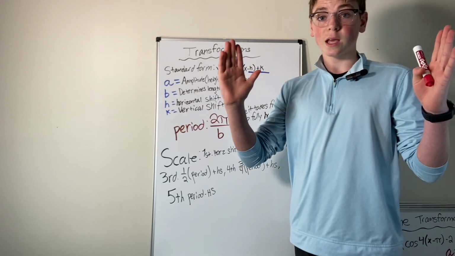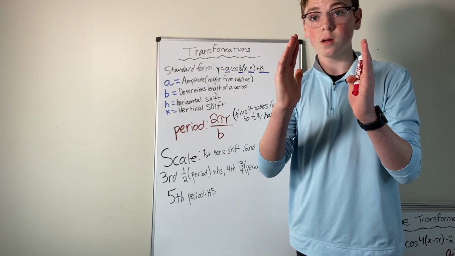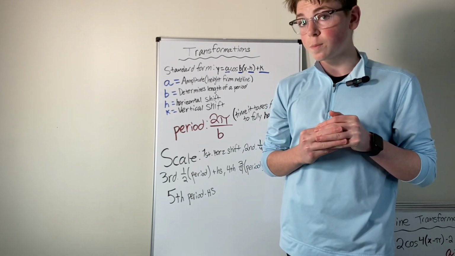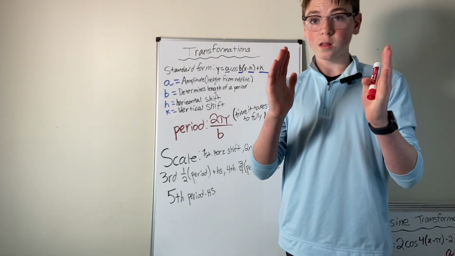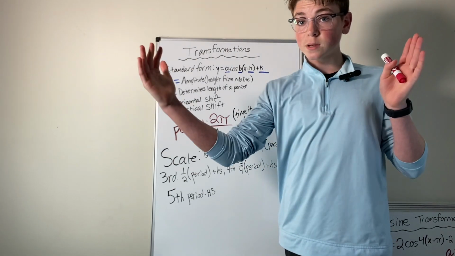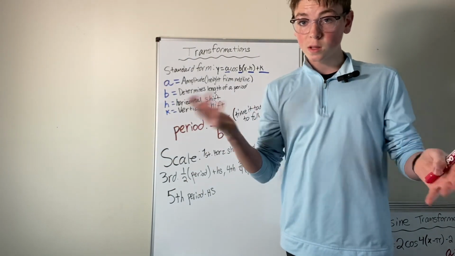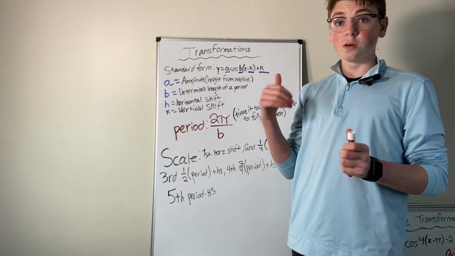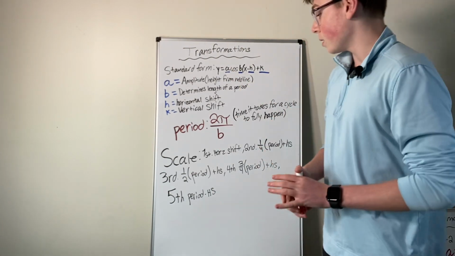So our cycle length would be cut in half. But if b is 1/2, 2 pi divided by 1/2 is 4 pi, so then our cycle length would be stretched out 2 times. So 1/2, you stretch it out. If it's 2, you shrink it.